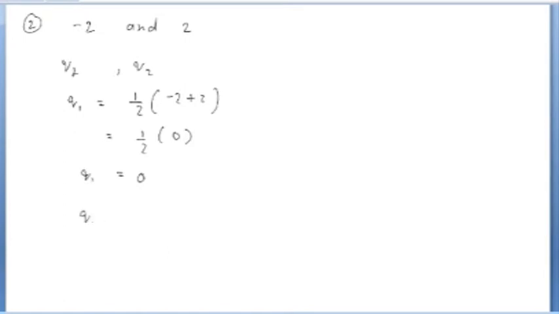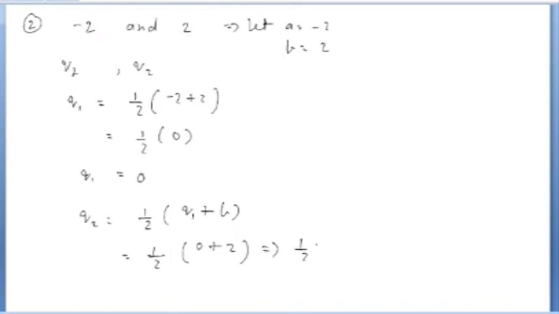Then q2 will be 1 by 2 times (q1 plus b). Here a is minus 2 and b is 2. So 1 by 2 times (0 plus 2), which is 1 by 2 into 2. This will become 1. So the two rational numbers are 0 and 1. This is our answer.